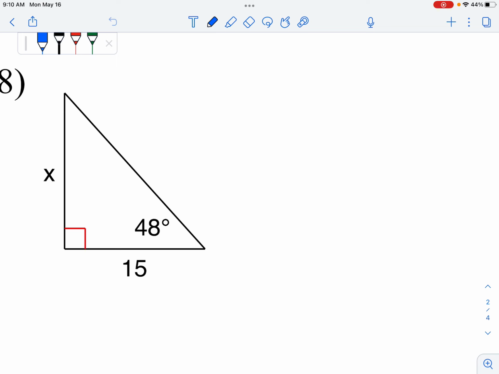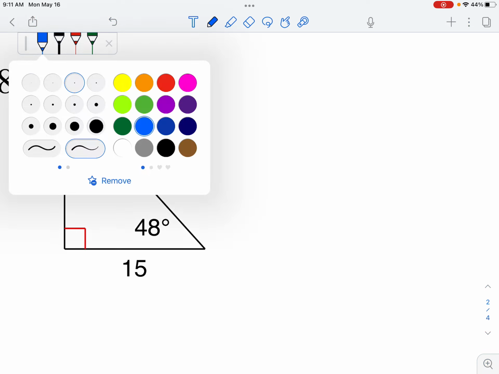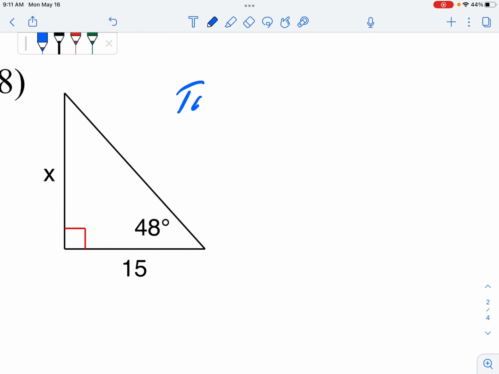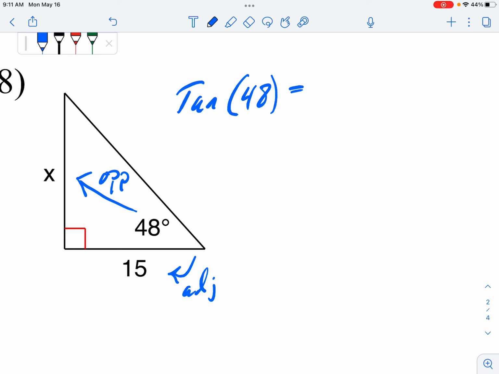The tangent of a 48 degree angle is equal to the opposite side over the adjacent side, right?